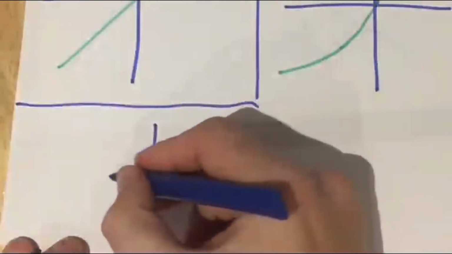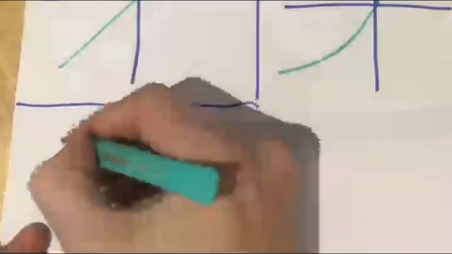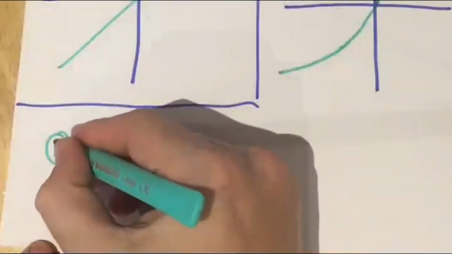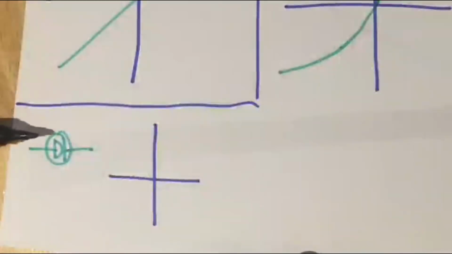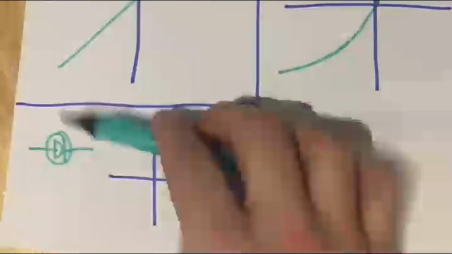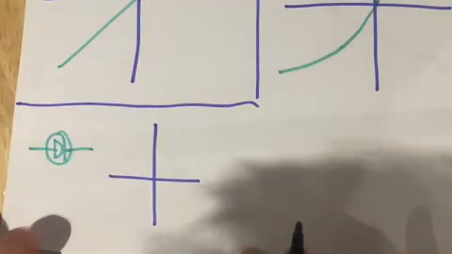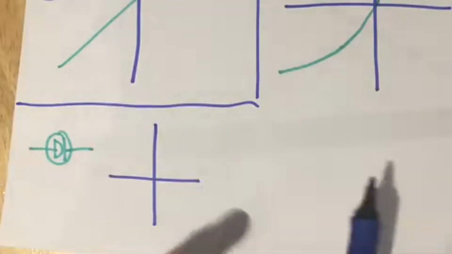Next one, diode. Now, diode's really weird. A diode has the symbol like a play button in a circle. What that means is electricity will flow in the direction of the arrow, but when it comes this way, it's got a line blocking it, so the electricity doesn't go that way. So diodes are like one-way valves.